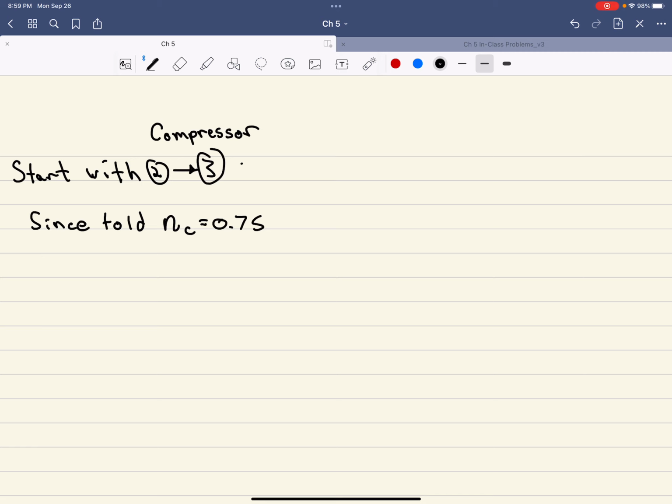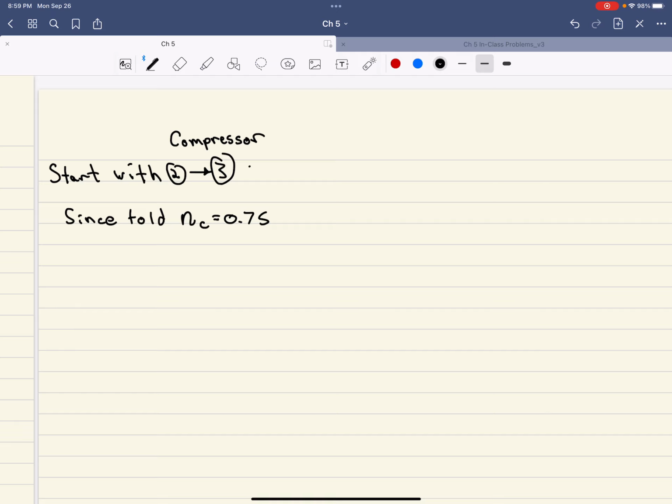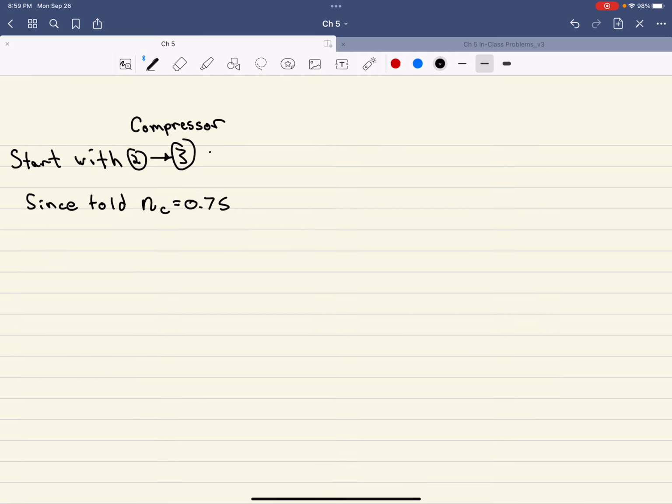But in order to approach these sort of problems where we're dealing with an inefficient compressor or an inefficient turbine, the approach we want to take is to first solve for all the thermodynamic properties for the case where the compressor is reversible, and then use the efficiency to calculate what the thermodynamic properties are for the irreversible case.